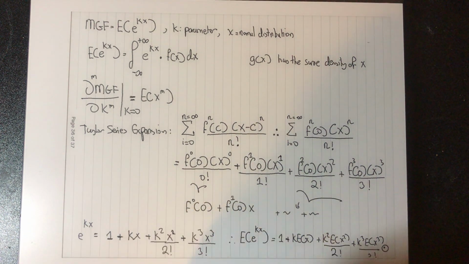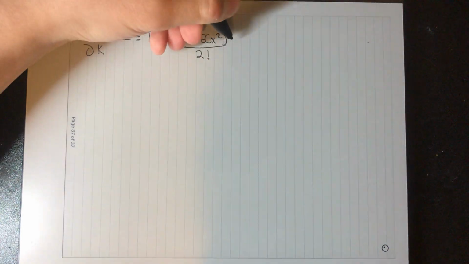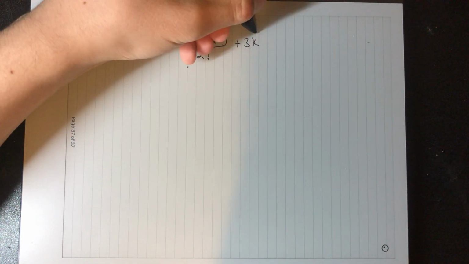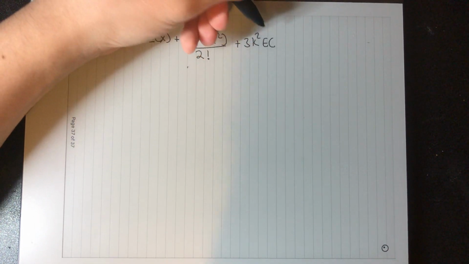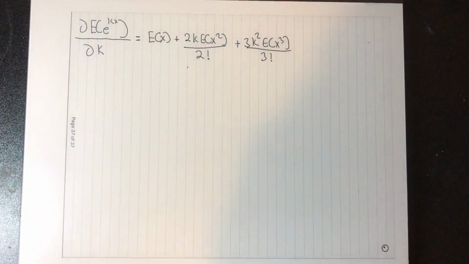And over here, again, if we take the derivative of this component with respect to k, we would get the following. So we would get 3k squared, the expectation of x cubed over 3 factorial.